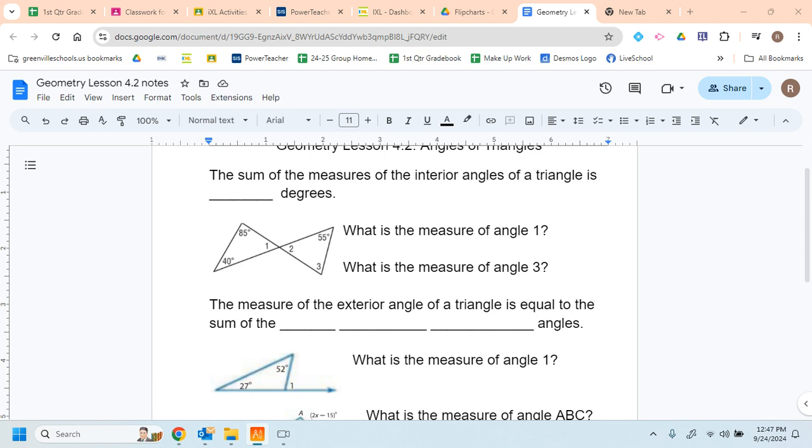We're going to talk about exterior angles. An exterior angle is if you take one of the sides and extend it out past the vertex. The measure of the exterior angle, in this case angle 1, is equal to the sum of the measures of the two remote interior angles.